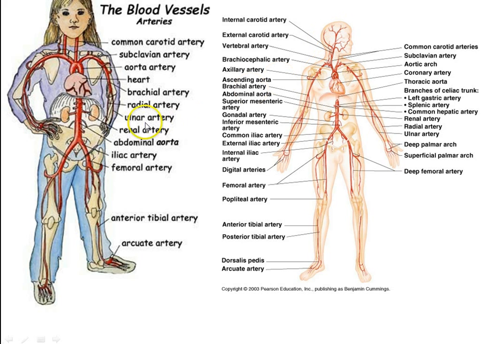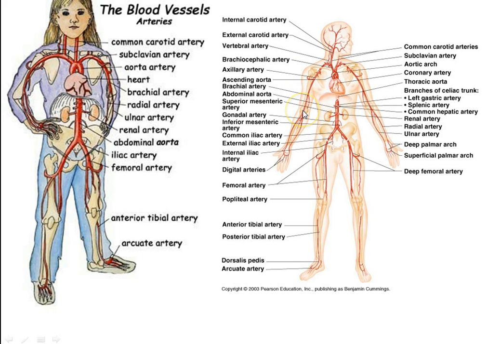Next thing we're going to do is go down the arms. Each arm's going to be the same. So here's your subclavian artery. When we get to the armpit area, it is then called the axillary artery. When you get down to the upper arm, it's called the brachial artery. That is a very common artery in which to take a blood pressure.